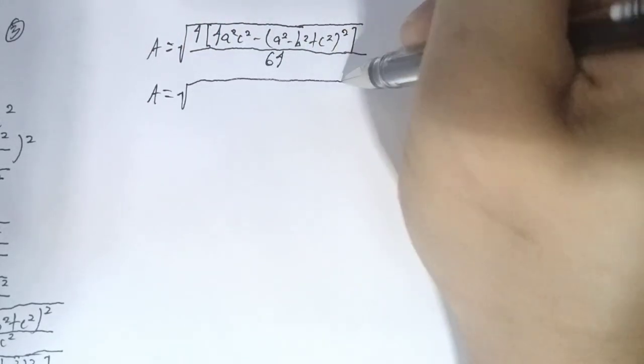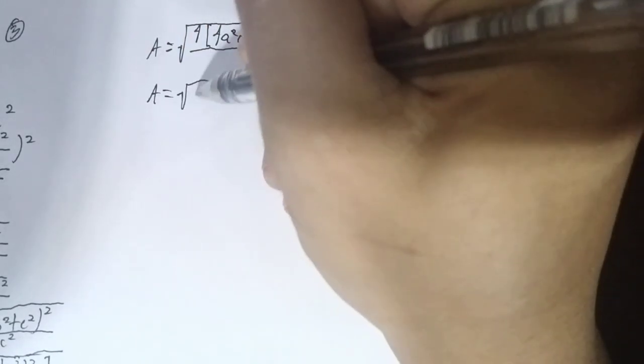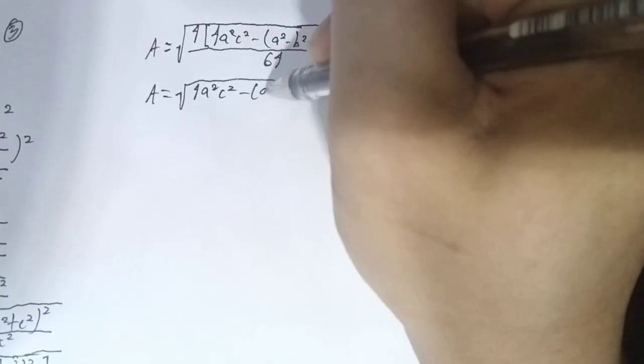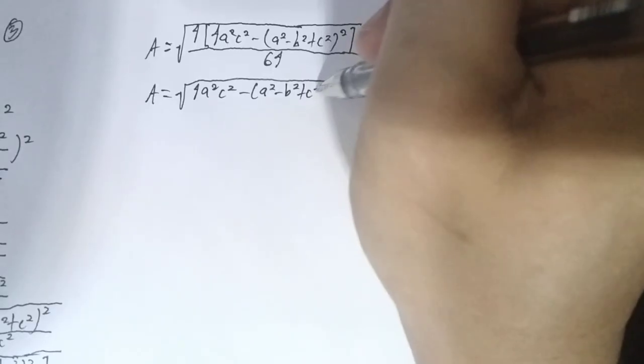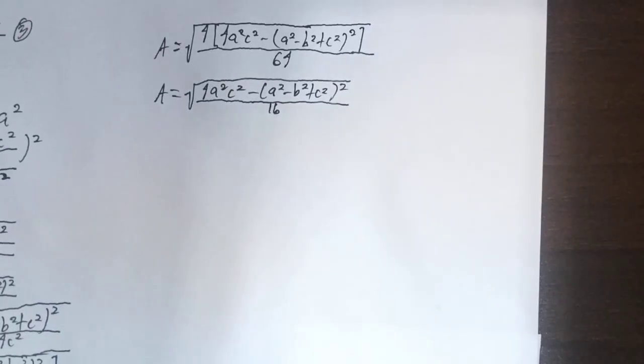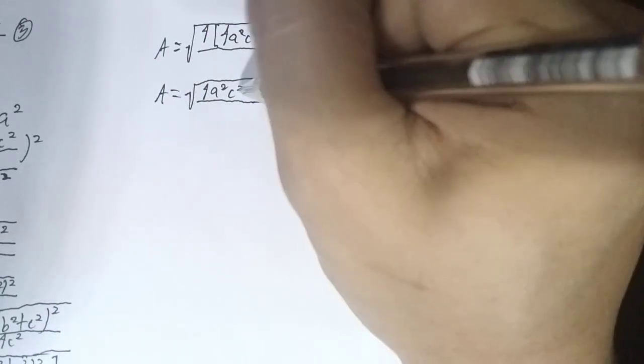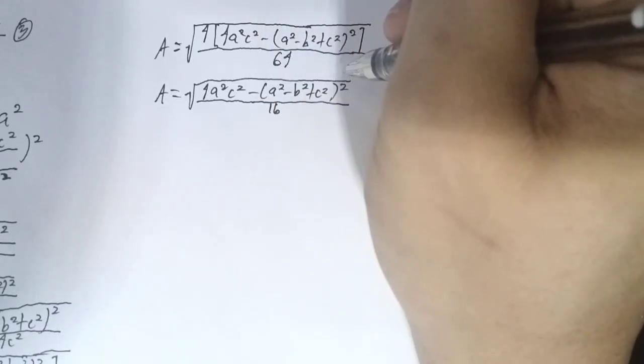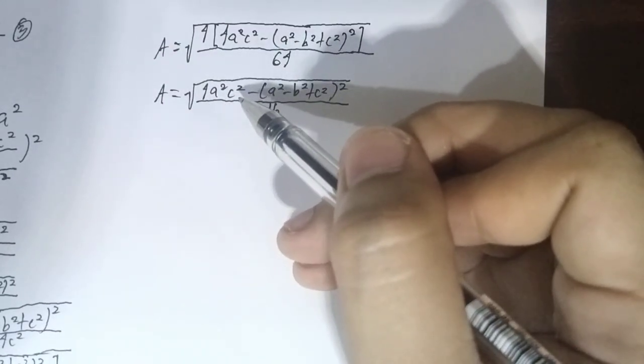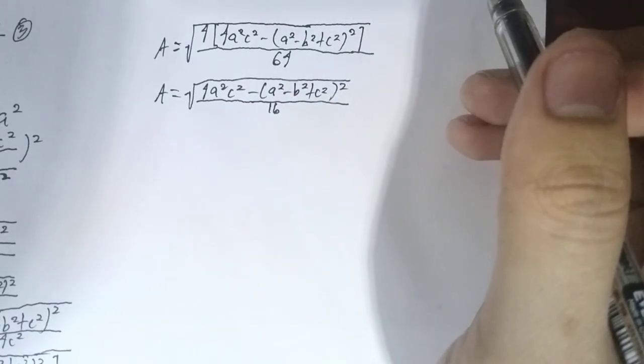Okay, now 4 over 64 is the same thing as 1 over 16. So A is equal to the square root of 4a squared c squared minus the square of (a squared minus b squared plus c squared) all over 16. Good. And then notice that this is a difference of squares, right? So 4a squared c squared is the same thing as the square of 2ac, correct?